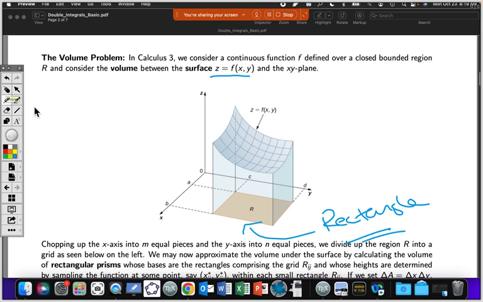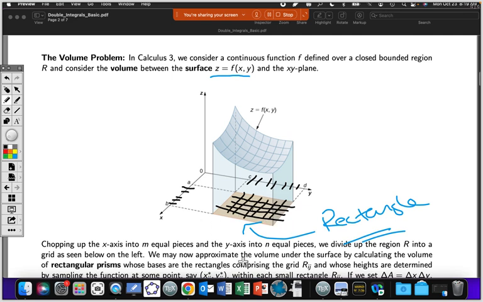All right. So we can do the same kind of thing. We can chop up the x-axis into some equal pieces. But because x and y are considered independent variables, we can also chop up the y-axis.